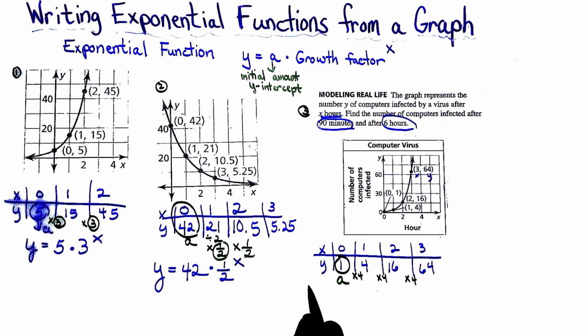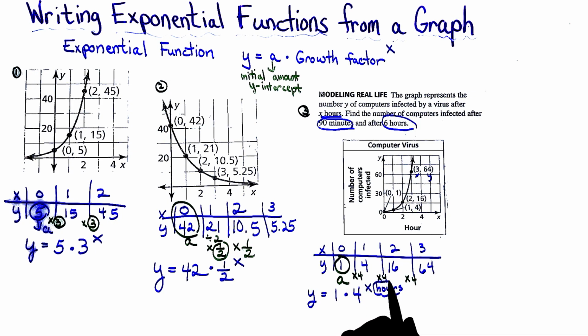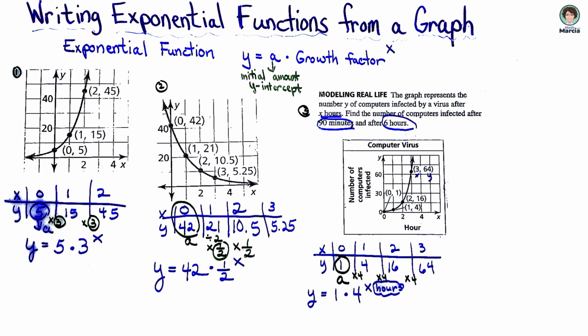So our exponential function is going to be y equals 1 times 4 to the x, and it's really important. I'm writing this word because we're going to have to do something with it. It's x hours, in hours.